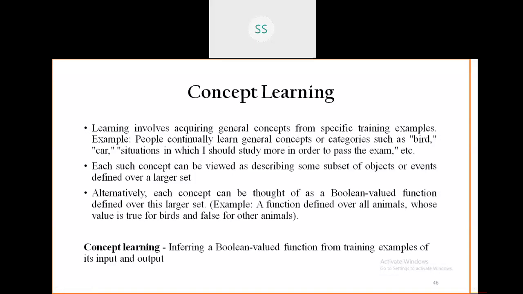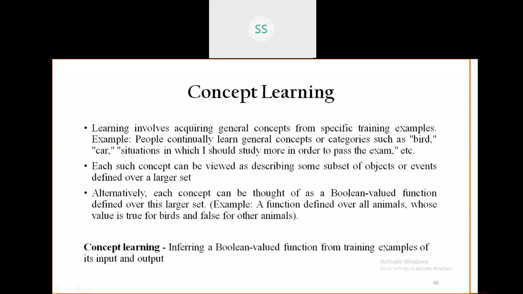You are inferring a boolean valued function from the training examples of its input and output, from both your input as well as the output. Such inference of a boolean valued function we call concept learning.